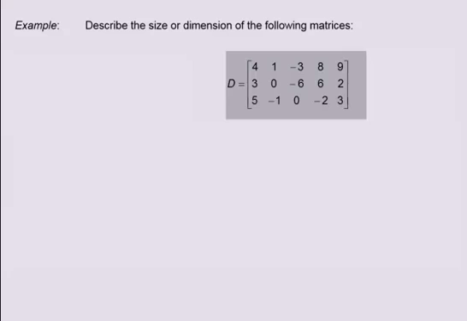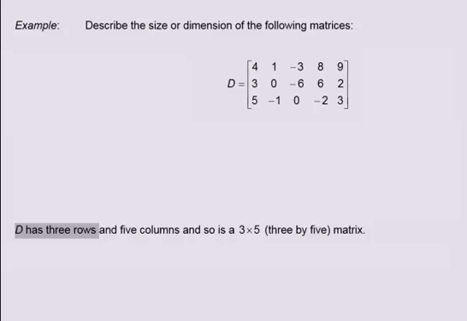D equals 4, 1, minus 3, 8, 9, 3, 0, minus 6, 6, 2, 5, minus 1, 0, minus 2, 3. D has 3 rows and 5 columns, and so is a 3 by 5 matrix.